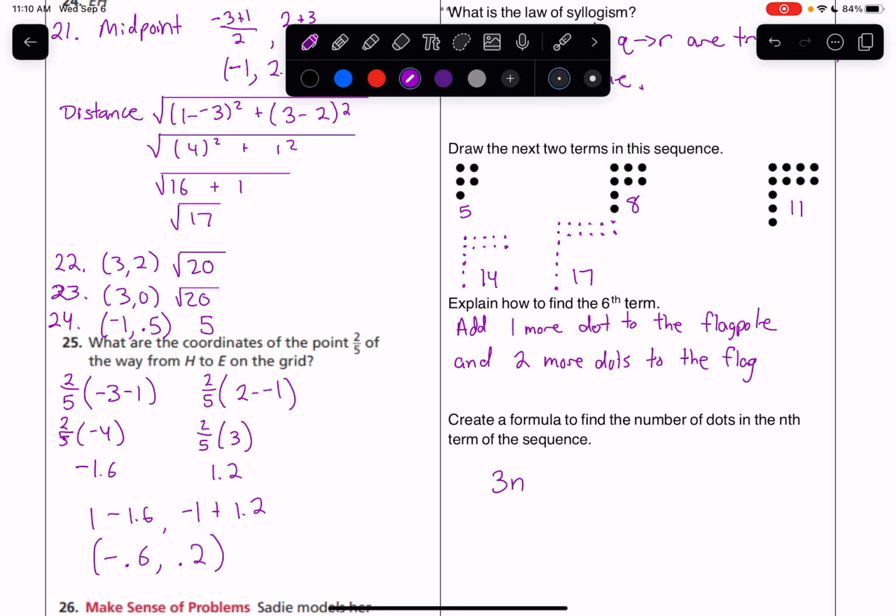So in my first term, I have 3 plus 2, which is 5. In term 2, I have 3 times 2, which is 6, plus 2, which is 8. And in my third term, I have 3 times 3, which is 9, plus 2, which is 11. So it looks like I've got 3n plus 2 dots in every term of the sequence.